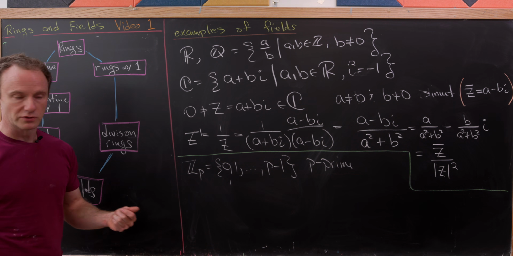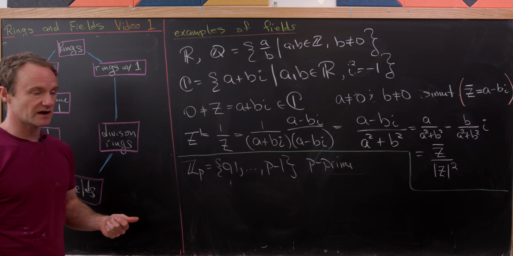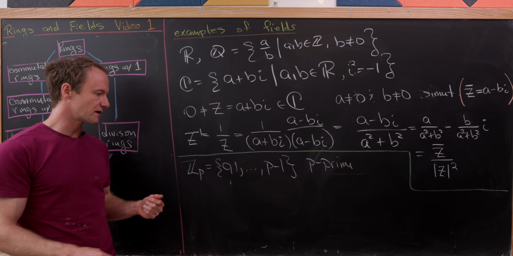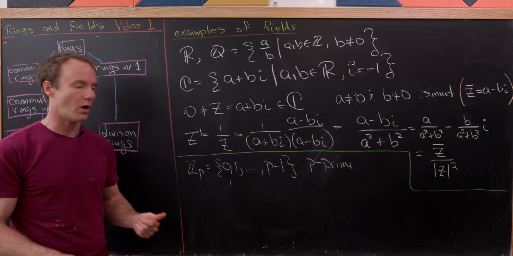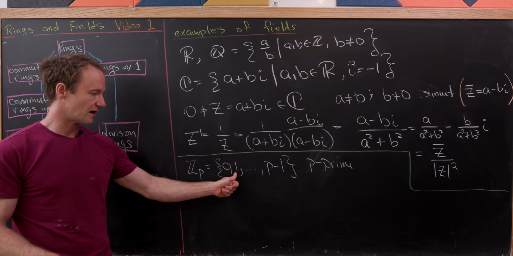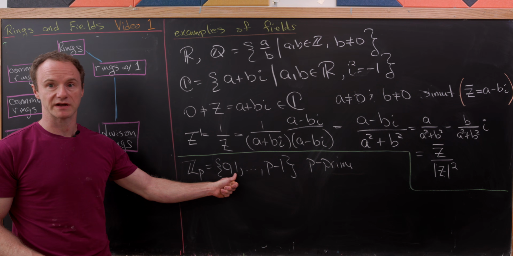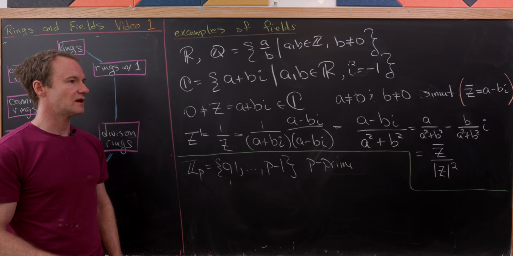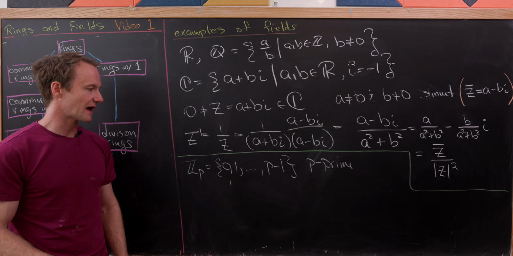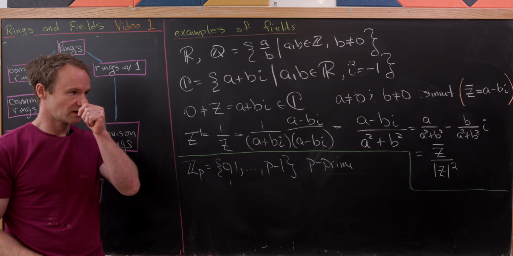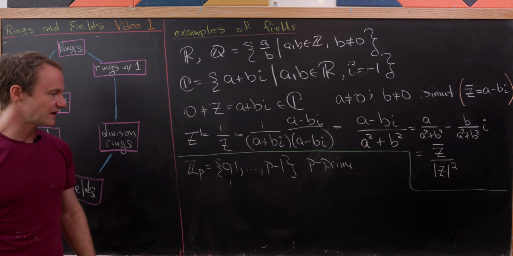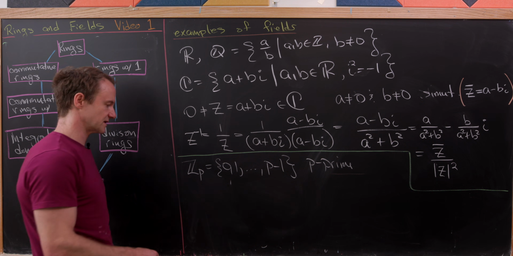So how could we prove that this is a field? Well, I think it pretty clearly is a commutative ring with 1. And that's because this number 1 serves as the multiplicative identity. And then we just have to check that everything has an inverse. And I think we can check that pretty easily.